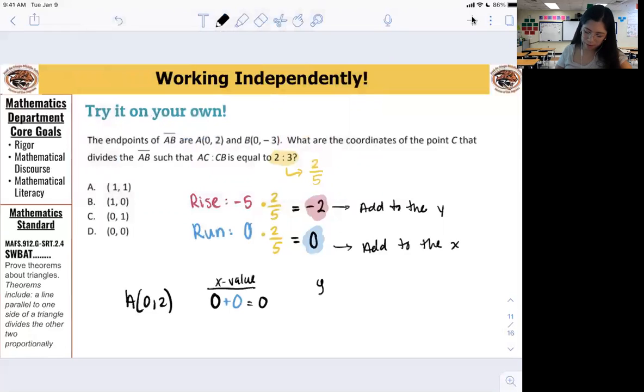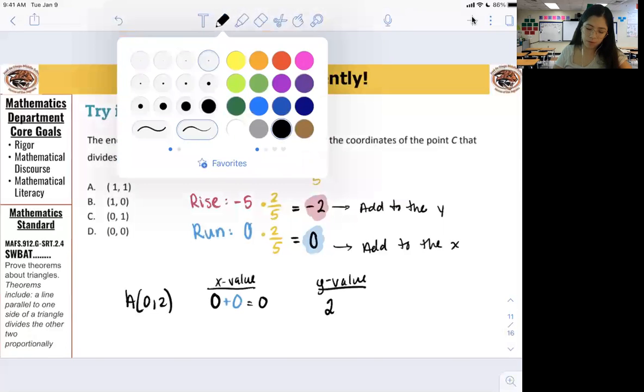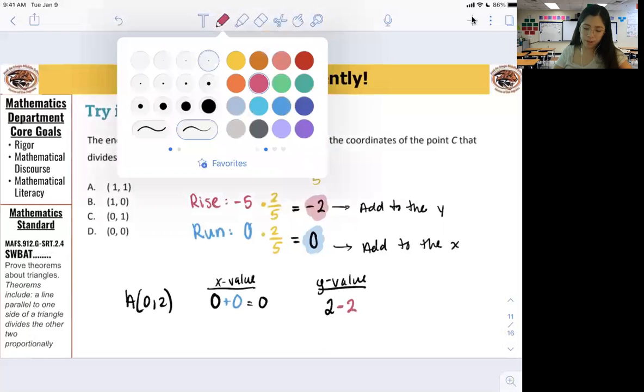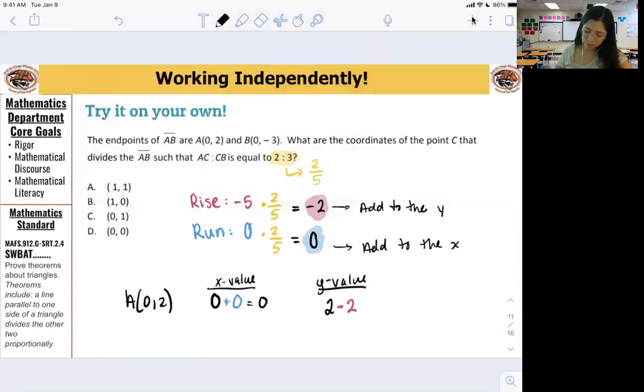And for the y value, I got to do 2 minus 2, which also gives me 0. So my final answer is 0, 0. Answer choice D. Now, a lot of people chose answer choice C, so let's talk about it.